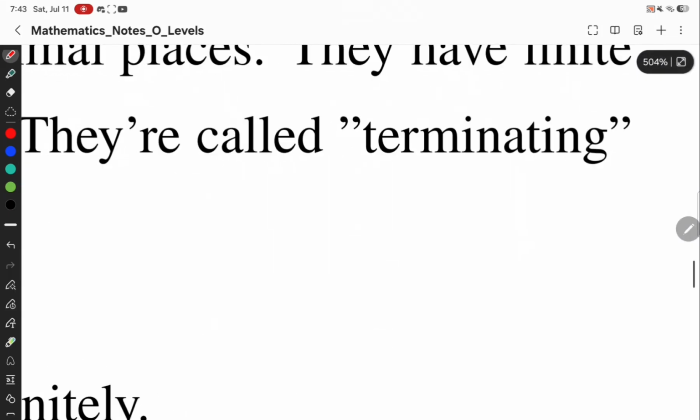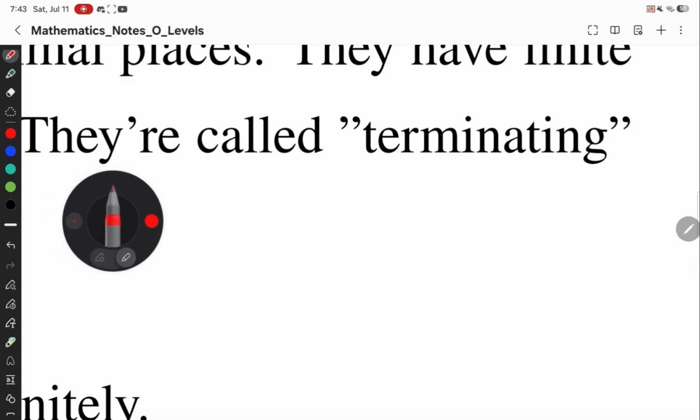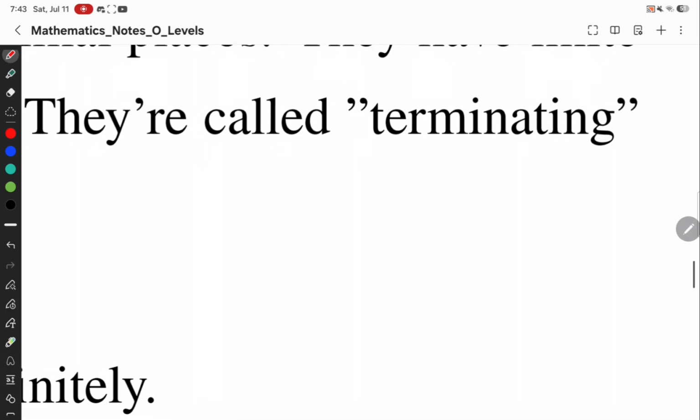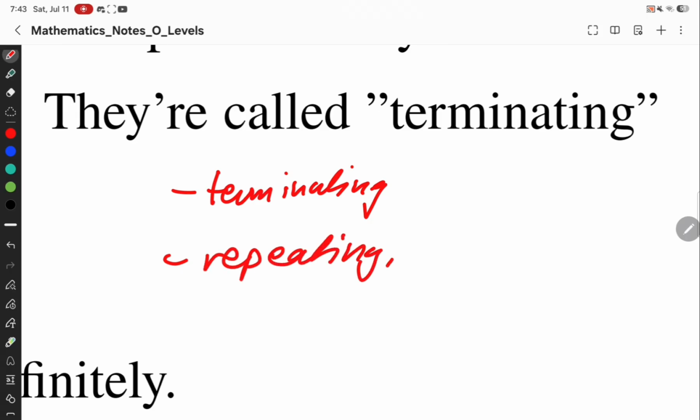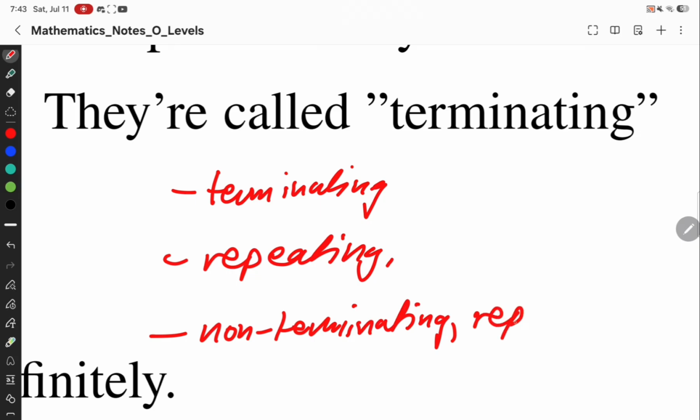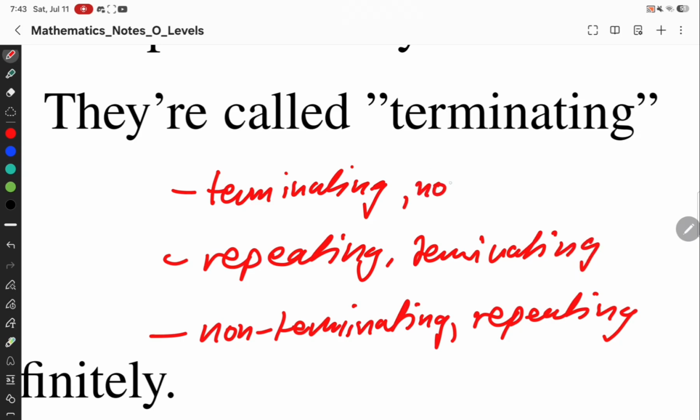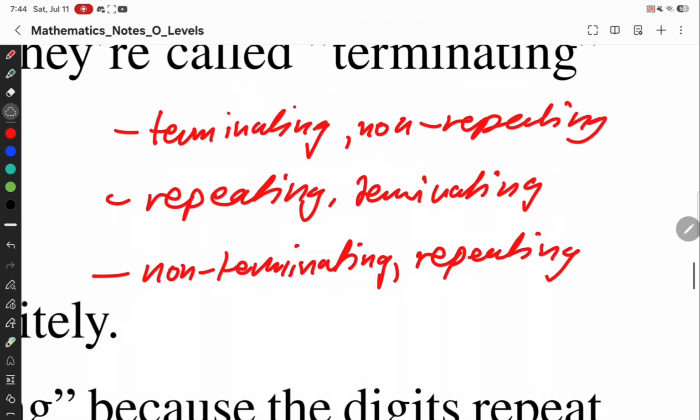So to decide what can be rational: if it's terminating, repeating, or non-terminating but repeating.